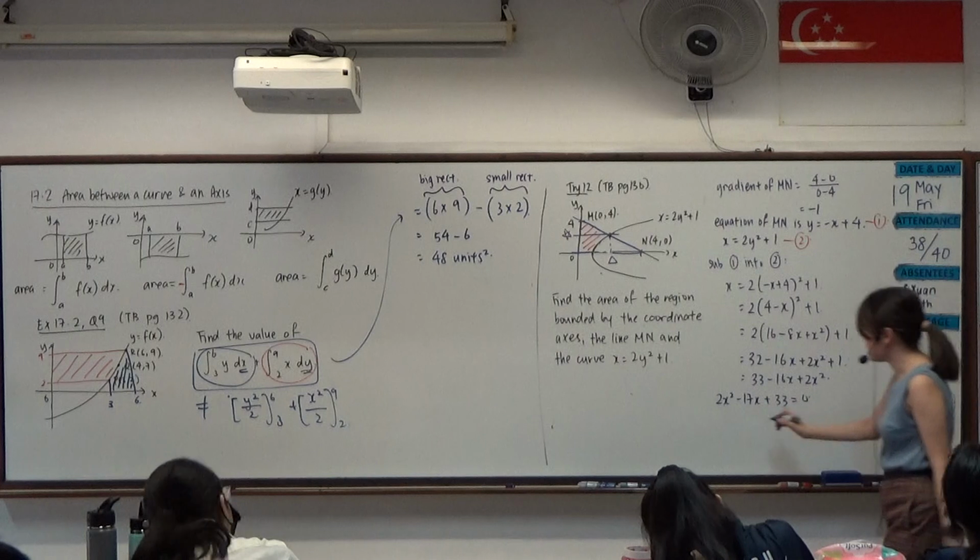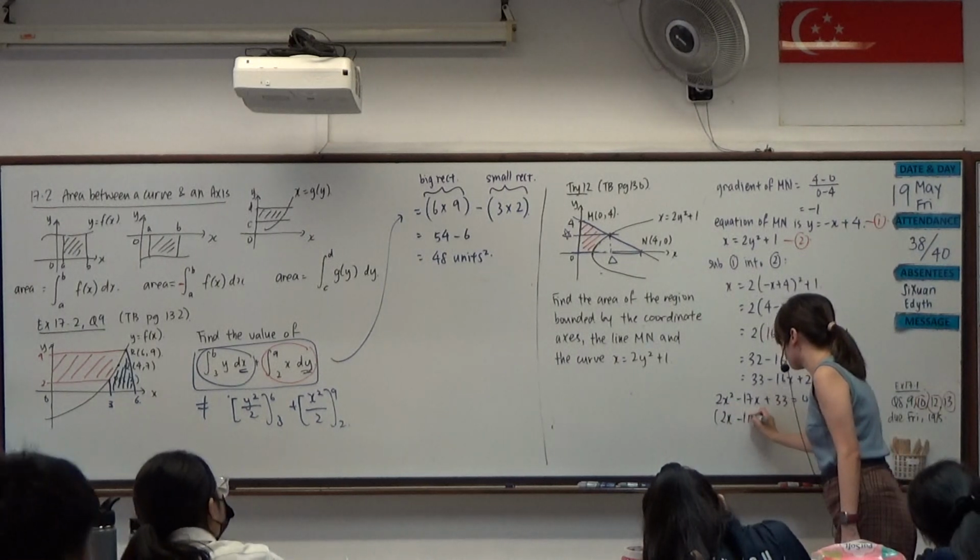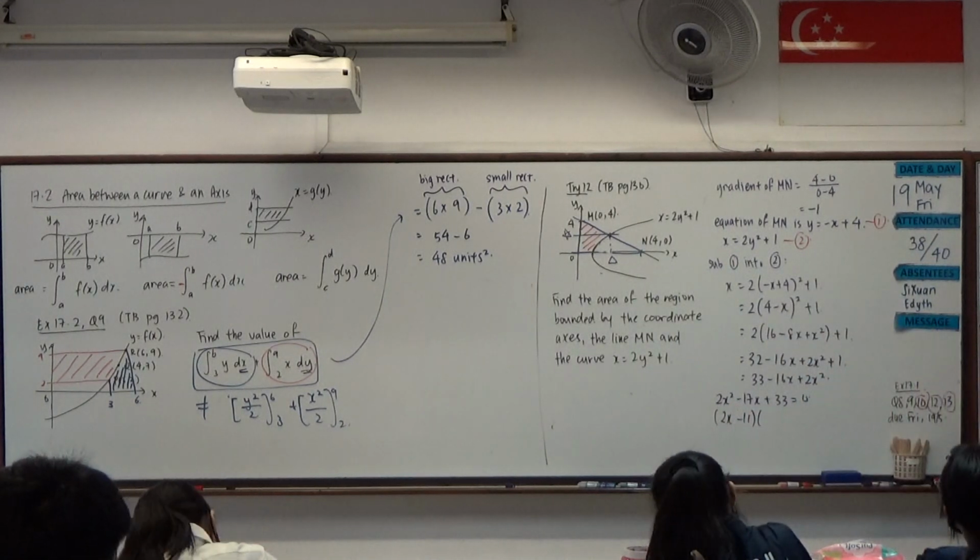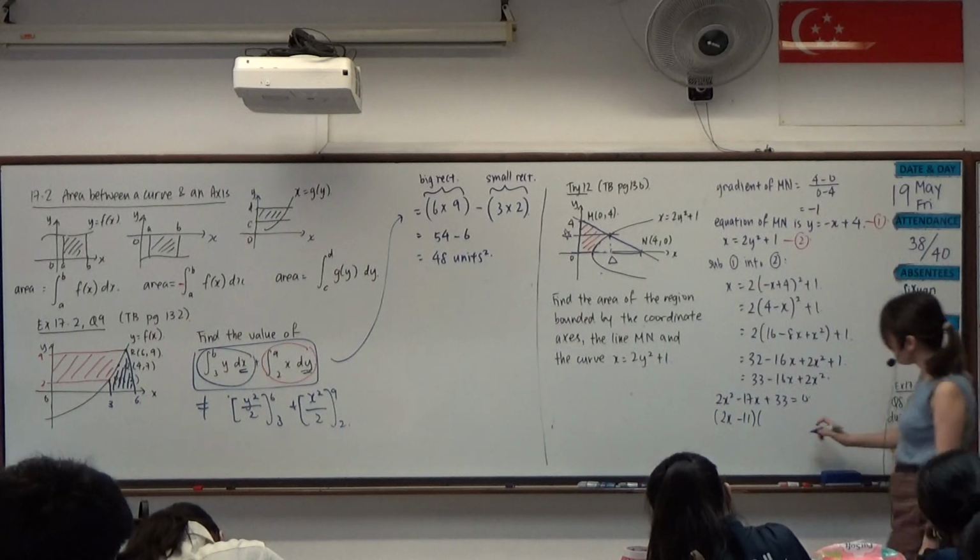And with factorization, we have 2x minus 11 and x minus 3.